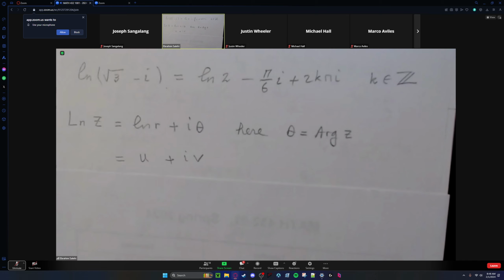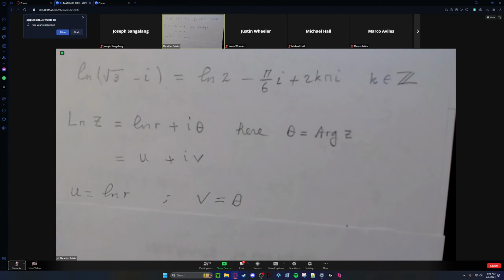Well, remember the Cauchy-Riemann equations and their converse? If the function satisfies the Cauchy-Riemann equations and the real part and imaginary part are continuous and have continuous partial derivatives, then we can say, yes, it has a derivative.